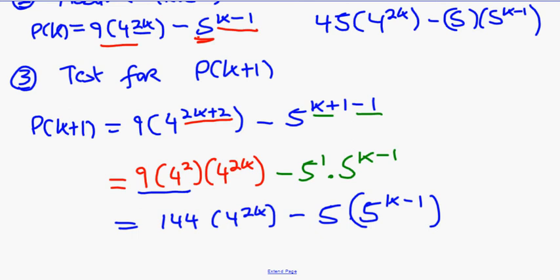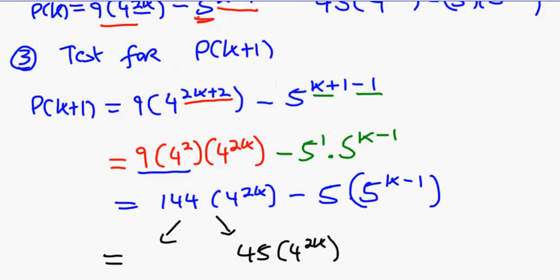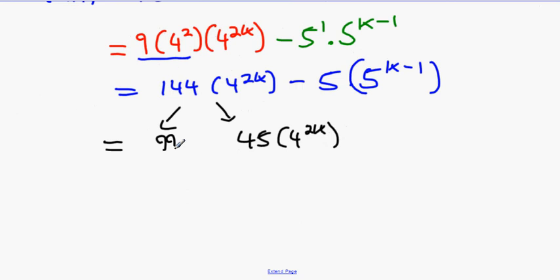So what I can do here, knowing this, is separate out the 144. I'm going to break it up into 45 times 4 to the 2k. And I'm also going to break it into 99, because that's the remainder left, times 4 to the power 2k. Now, what happens next is it's going to be minus 5 times 5 to the k minus 1.